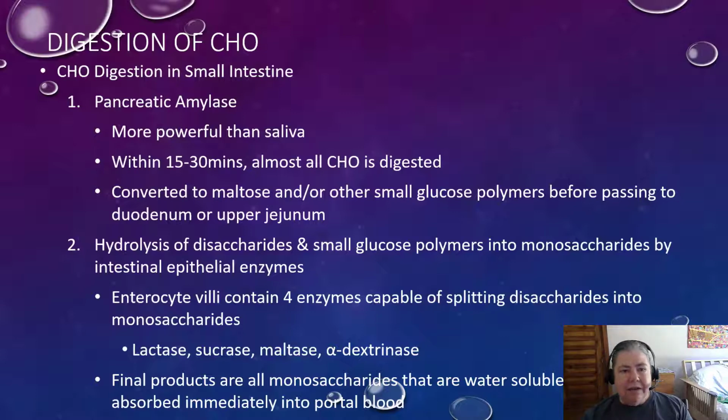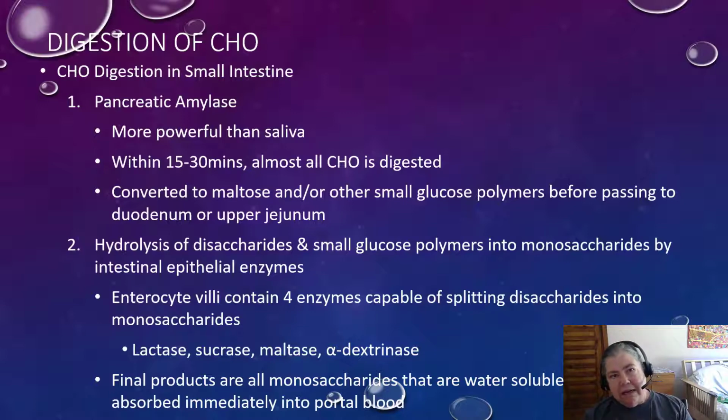It's in the duodenum and the upper jejunum that enzymes on the brush border in the intestinal epithelium take over. So there are 4 enzymes in the brush border in enterocyte villi that can split disaccharides such as lactase and sucrase and maltase and alpha dextrinase into monosaccharides, again primarily glucose.